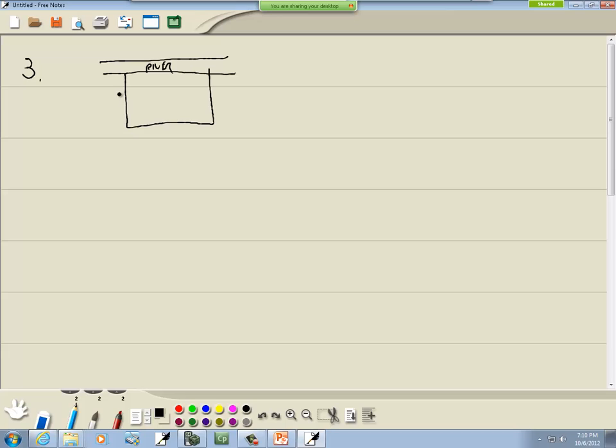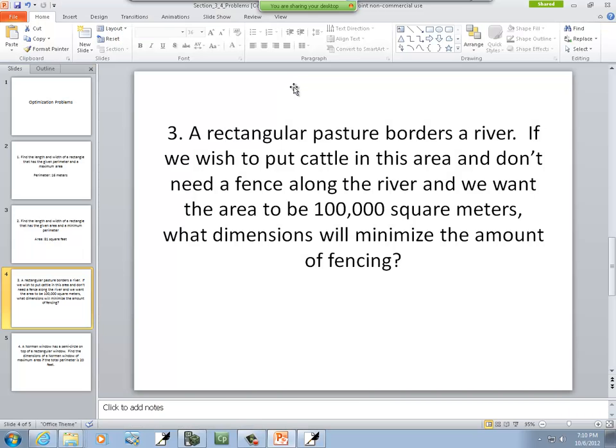Okay, I'll make this X and make this X and make this Y. Doesn't matter which you put which. They can't be the same, X and Y. They could be, but not for our setup, because it's a rectangle. So you assume this side is the same as that side, but this side's unknown. And we're talking about area, and we're talking about the fencing.